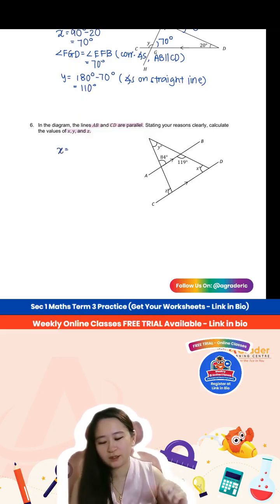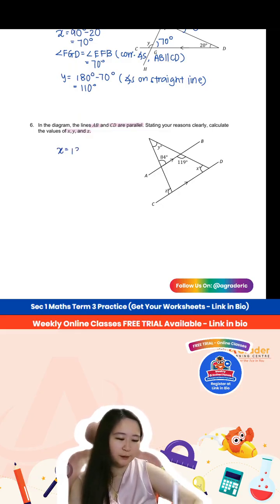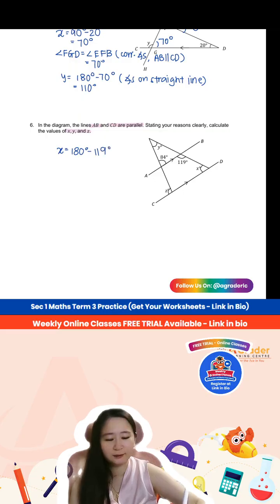X will be using interior angles, so 180 degrees minus 119 degrees.